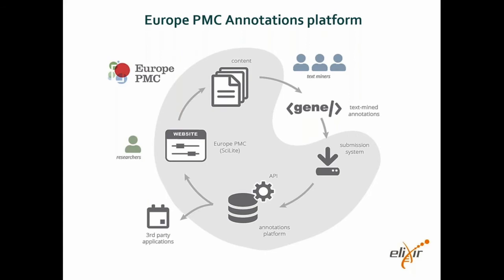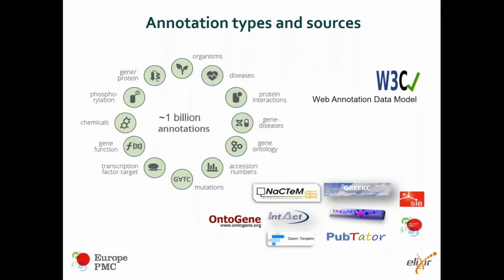And also, apart from that, we have different annotation types, covering entities like organism, diseases, protein interactions, gene disease associations, and database accession numbers for over 50 databases, and so on.